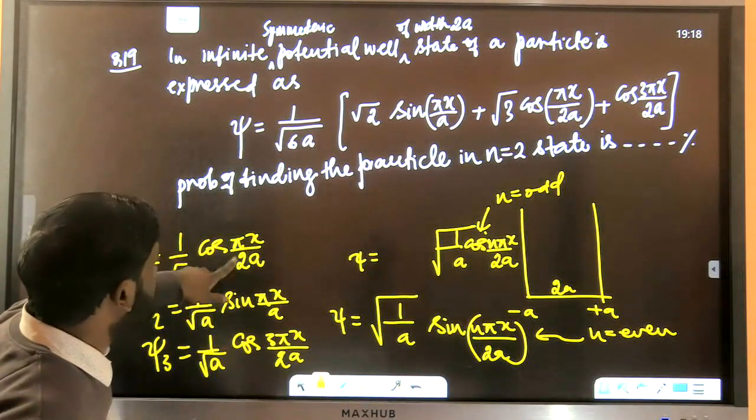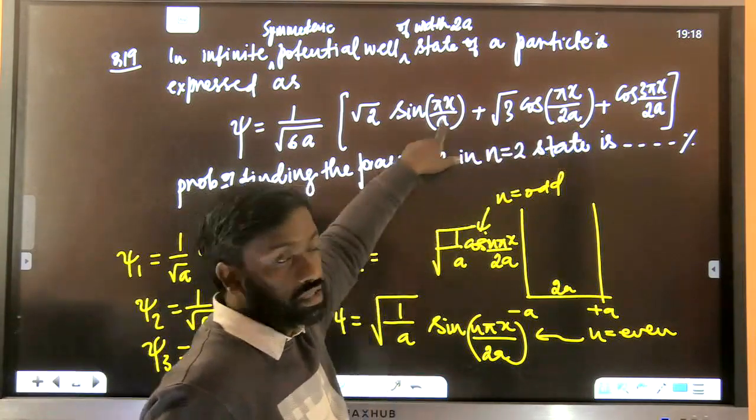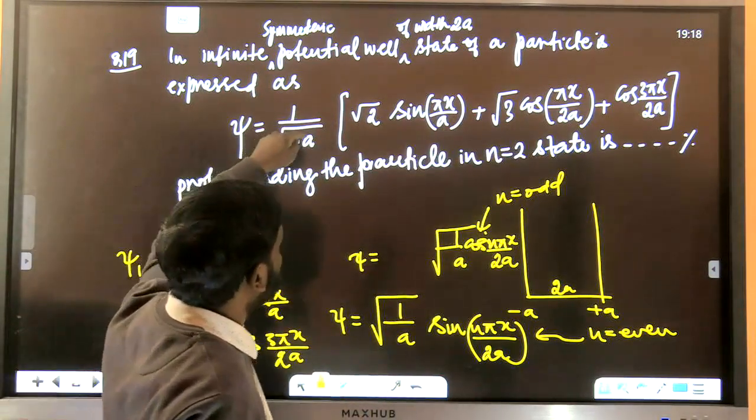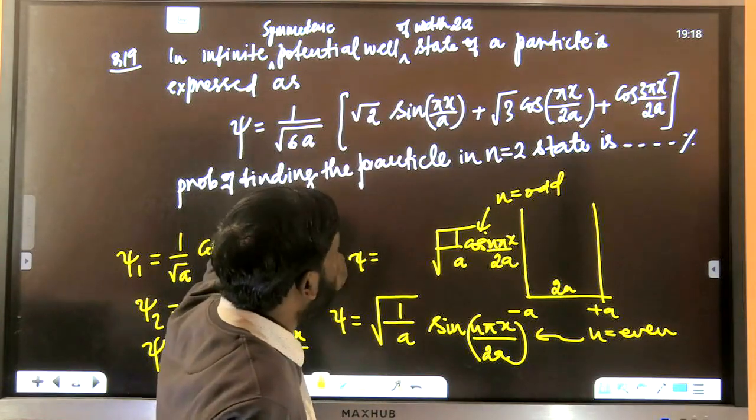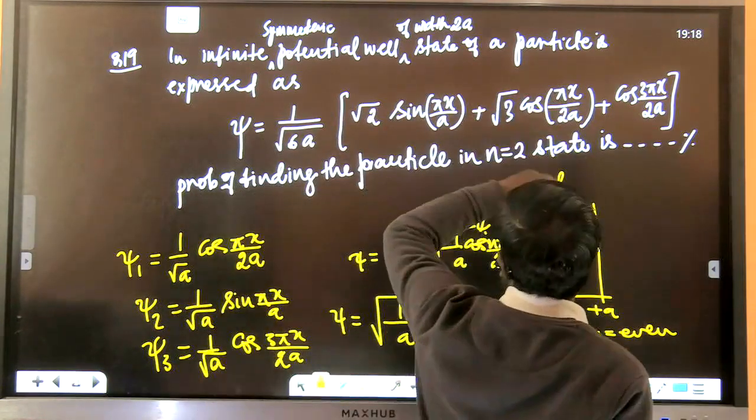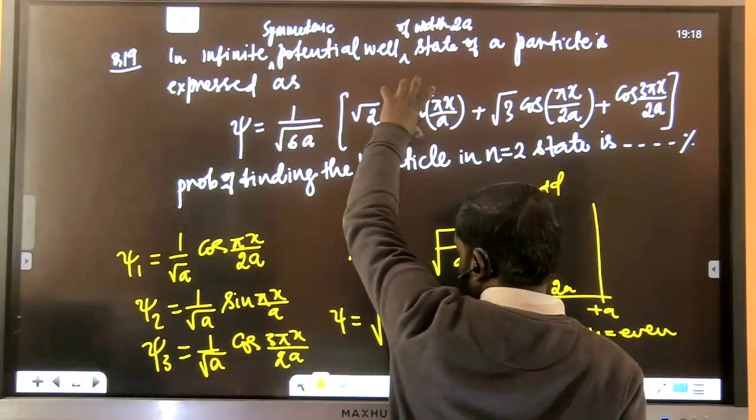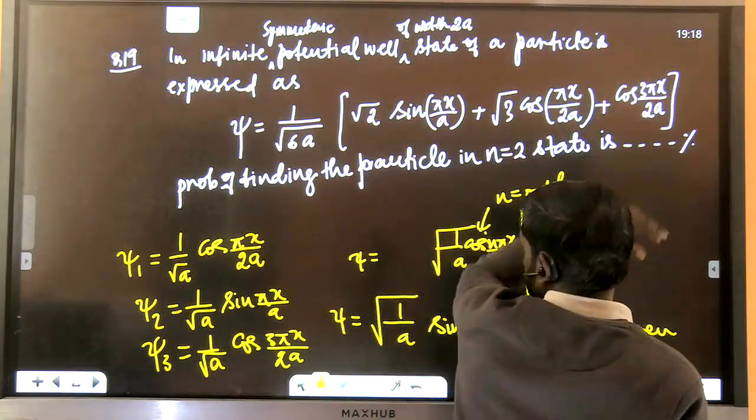Now you can see these terms have been used here. So when you multiply by root a, this becomes the ground state, this becomes the first excited state, and this becomes the second excited state.